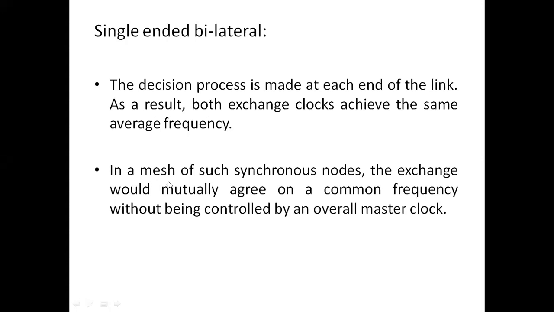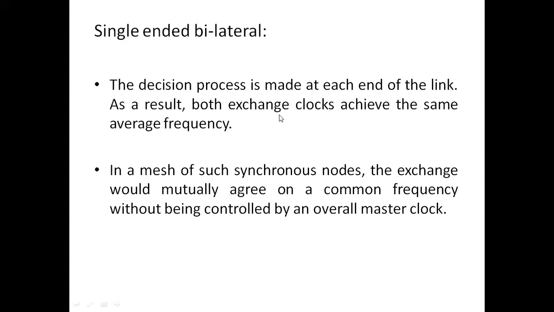In a system where a particular exchange has a mesh-like arrangement, that means if a particular exchange has several other exchanges connected, then the overall average frequency with which all of these exchanges should operate is controlled by a master clock.